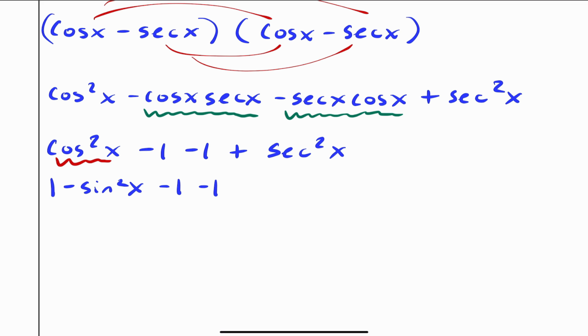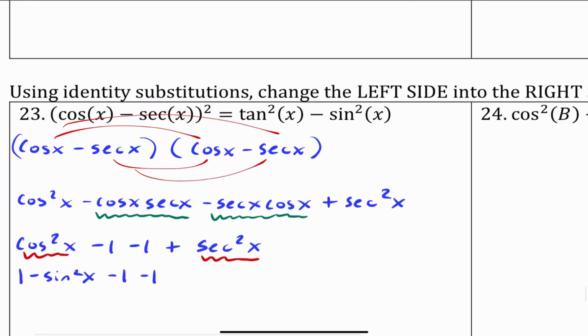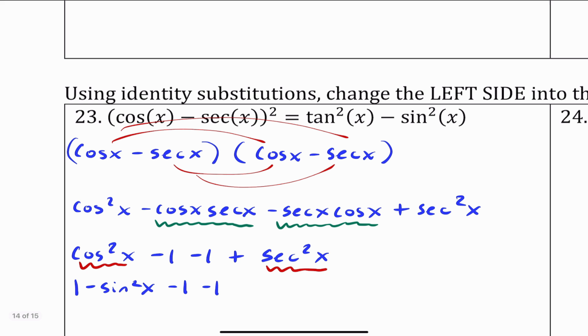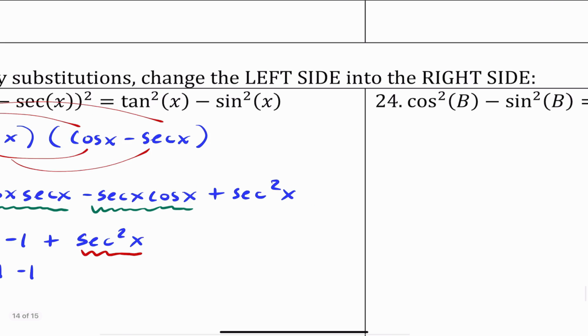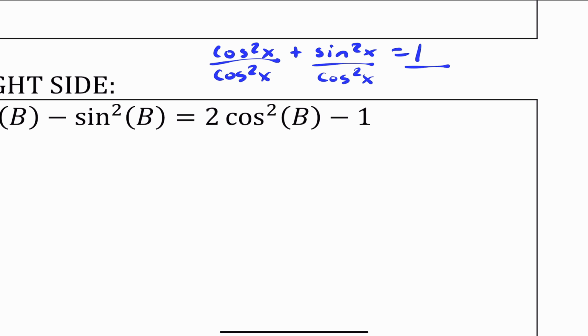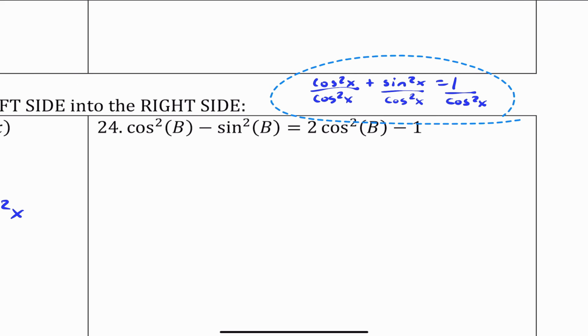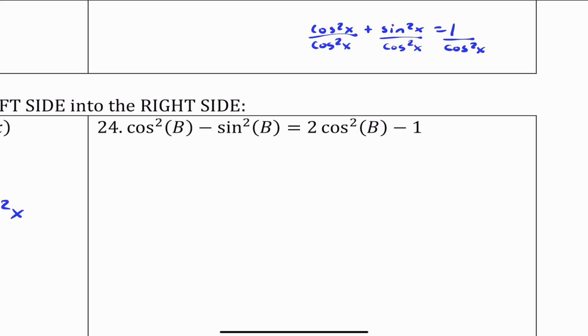And then here we have secant squared of x. Well, if you remember, let's say I divide everything by cosine squared of x. Okay, so cosine squared of x divided by cosine squared of x is 1.